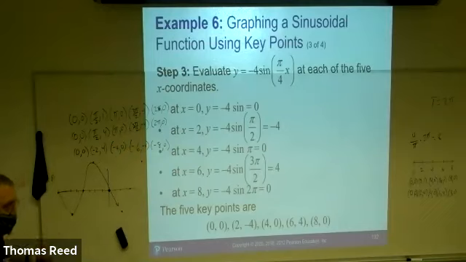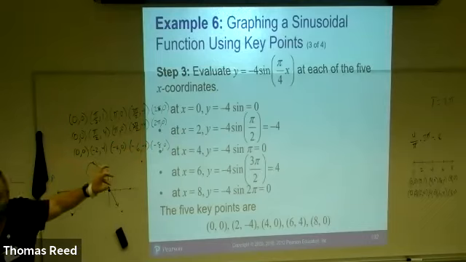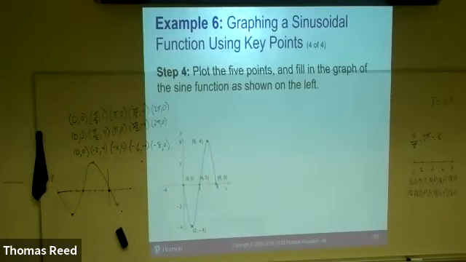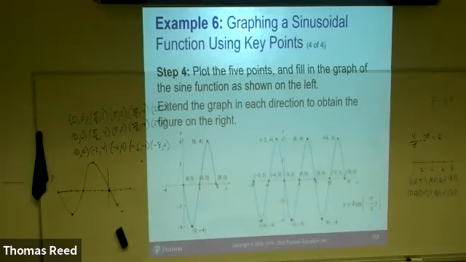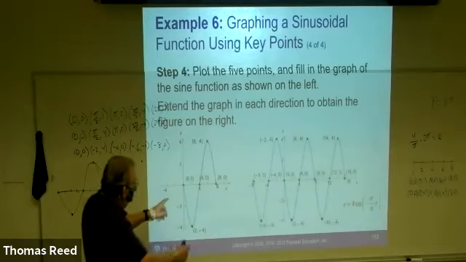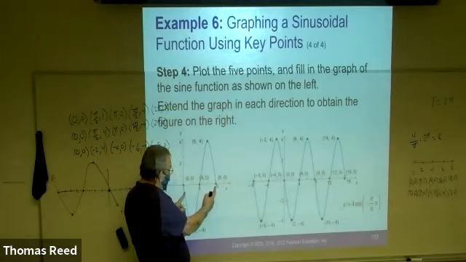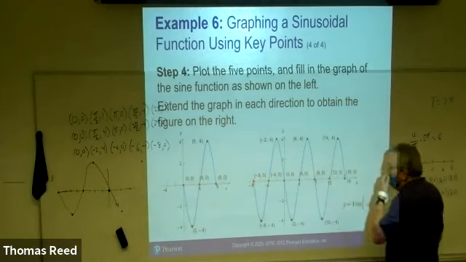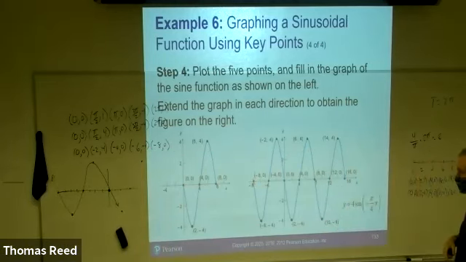Knowing those key points for sine and cosine really makes doing the transformations a lot easier. I wish they would show it. So this is the first period for this function, and then you just continue it on down and up to show how it's going.